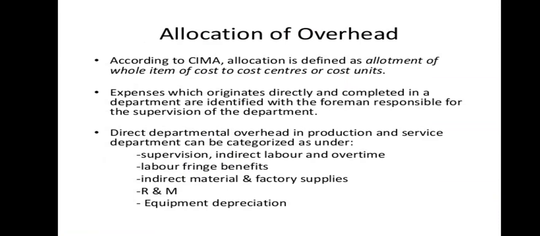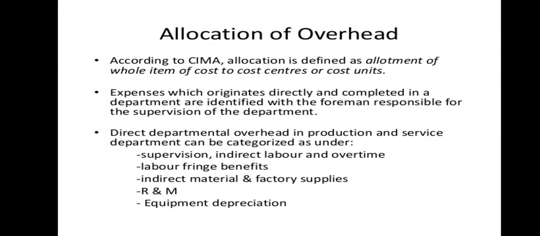Next, expenses which originate directly and are completed in a department are identified with the foreman responsible for the supervision of the department. They should be identified with the responsible person, and supervised for the particular department by that person.